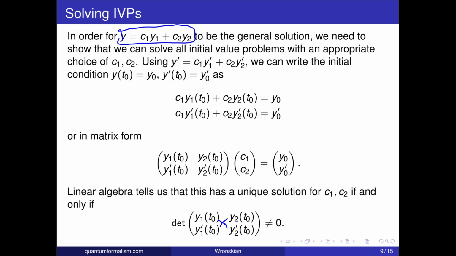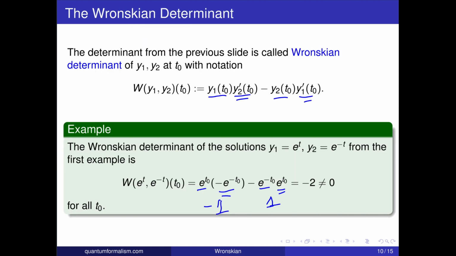All right, so that tells us that indeed this expression will be the general solution in this case, for the first example, where we know that e to the t and e to the minus t were solutions.